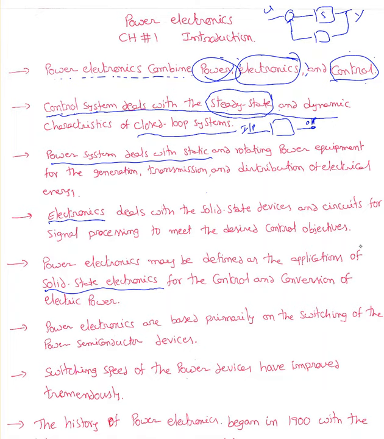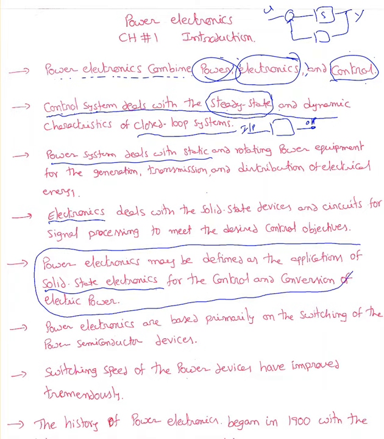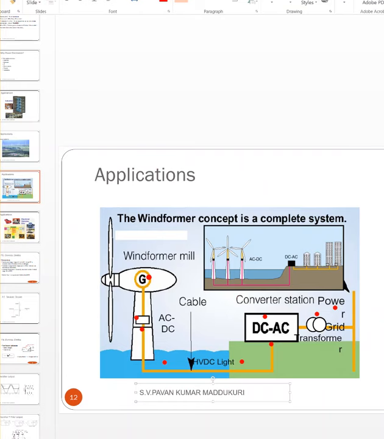So this is the definition of power electronics. One more time, I'm going to read the definition. Power electronics may be defined as the application of solid state electronics, which are semiconducting materials, for the control and conversion of electric power.